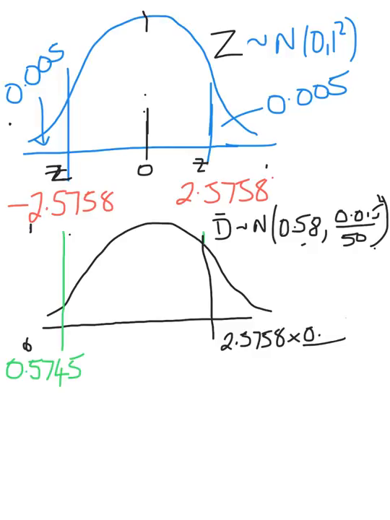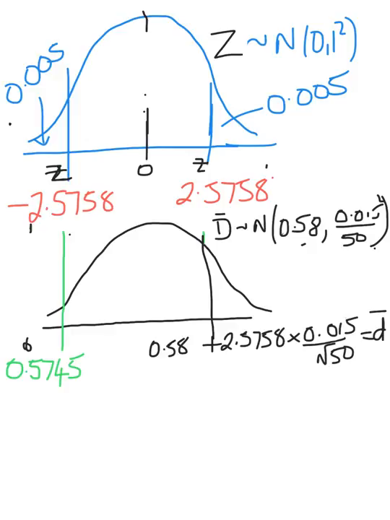Just rearranging the formula, and then it was minus the mean, so I'm going to add 0.58, and that will give me my other value here.